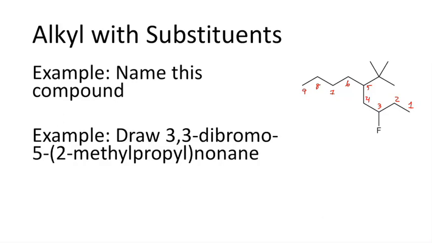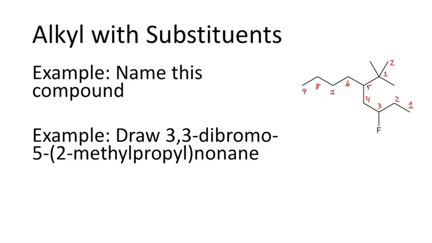So what type of alkyl group is it? Again, we start at the carbon that's attached and find the longest chain. So in this case, it's only 2 carbons long, so it's an ethyl. So when we're naming it, it's actually going to be called dimethyl ethyl. But again, the di isn't part of the name, so we're going to call it methyl ethyl. And so when we're comparing fluoro and methyl ethyl, fluoro comes first.